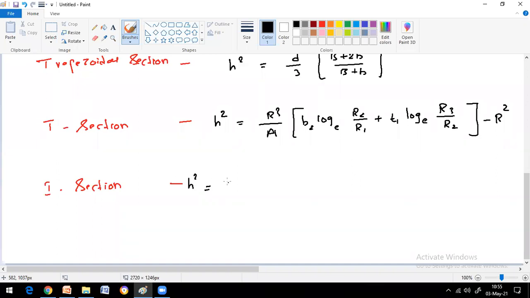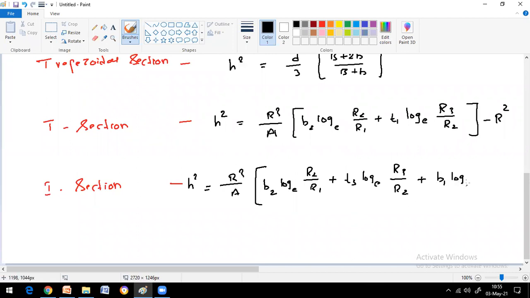h square is equal to R cube by A of b2 log e R2 by R1 plus t3 log e R3 by R2 plus b1 log e R4 by R3, minus R square. Okay, so let me repeat again.